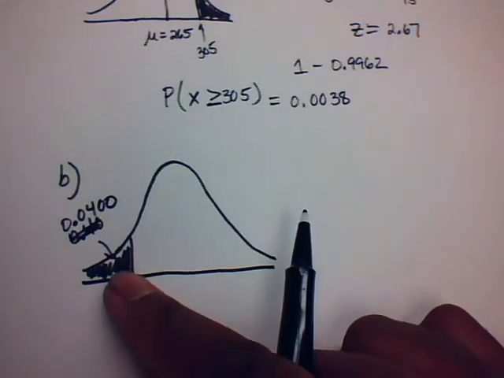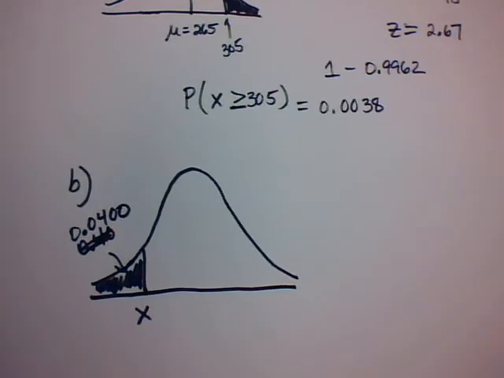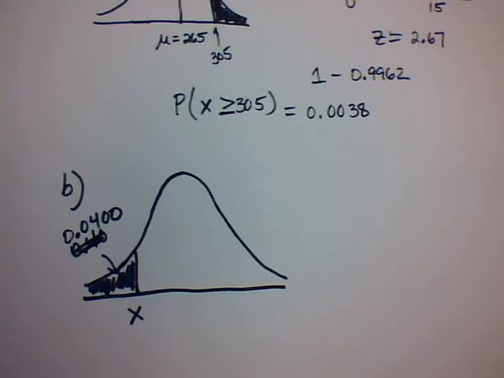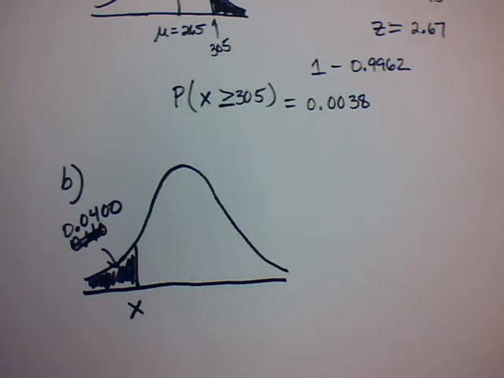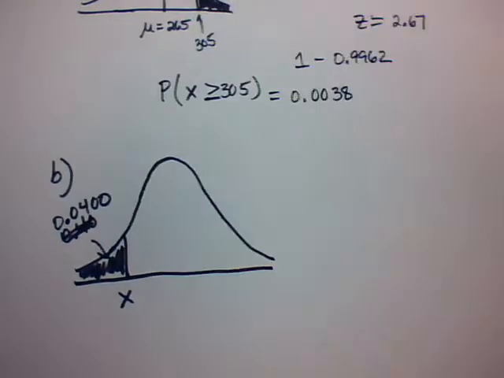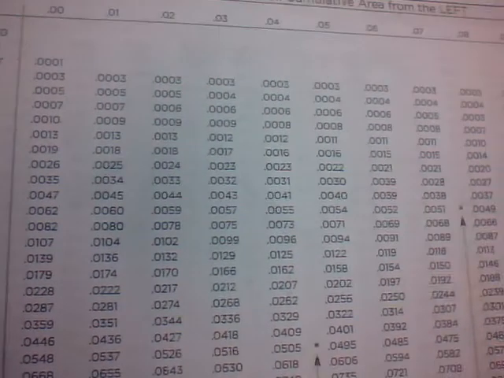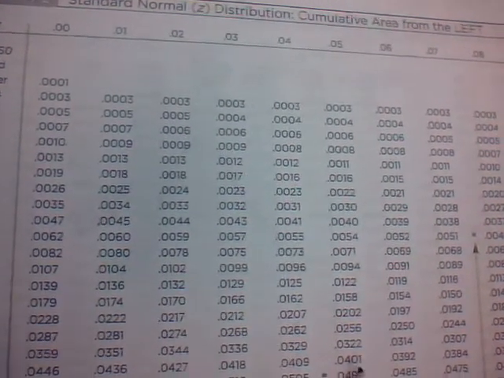You're given the area, so we're going to work backwards here. In this case, we're going to go to the table and find a four decimal value that's closest to 0.0400. Okay, so let's find something that's close to 0.0400.